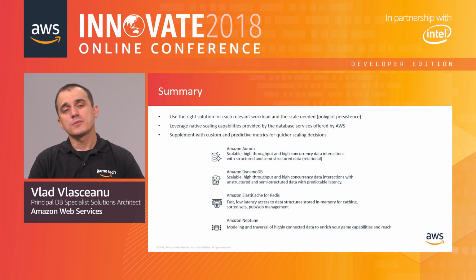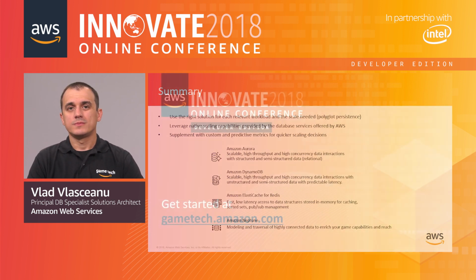Amazon ElastiCache, specifically the version for Redis, which allows you to operate Redis in-memory databases really easily on the AWS platform. And Amazon Neptune, which is a graph database allowing you to query and model highly connected data.